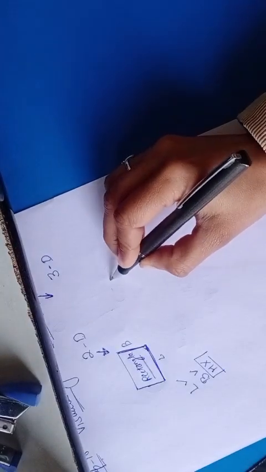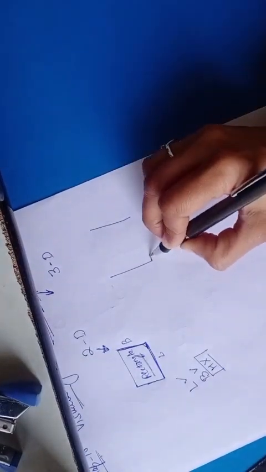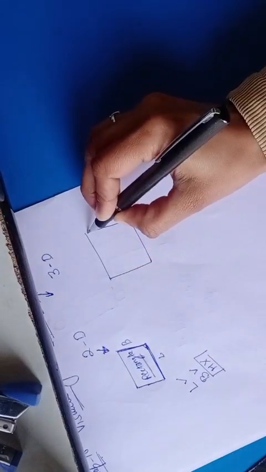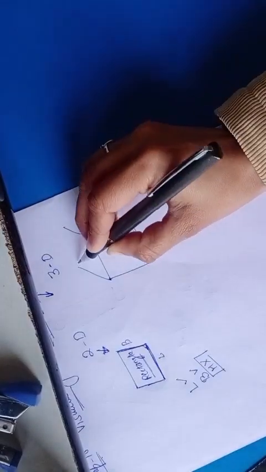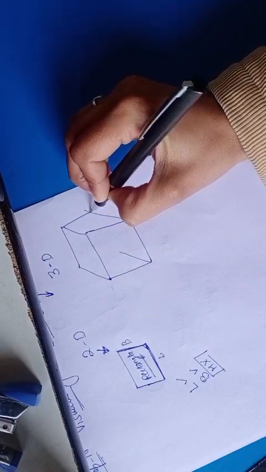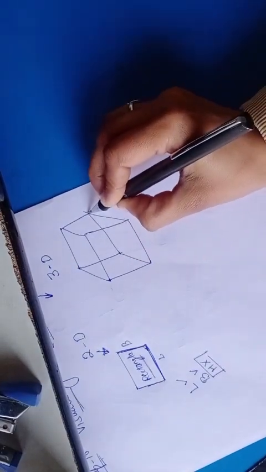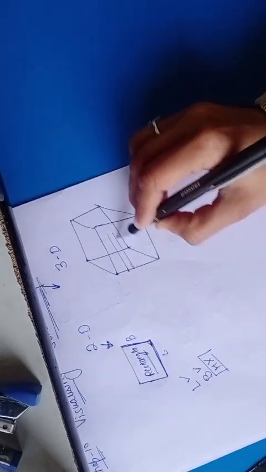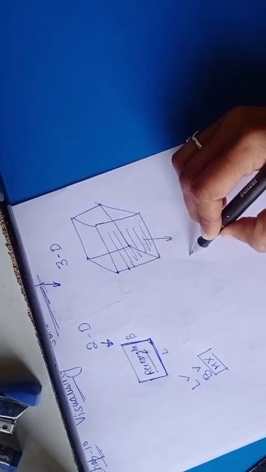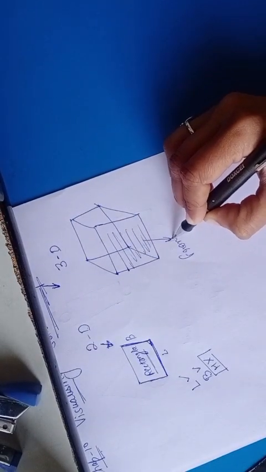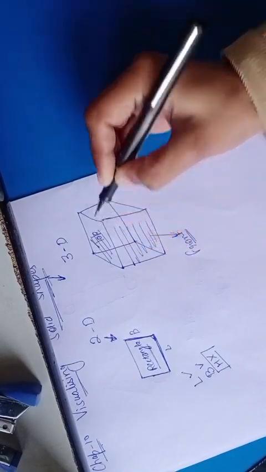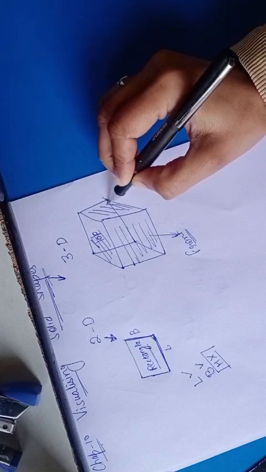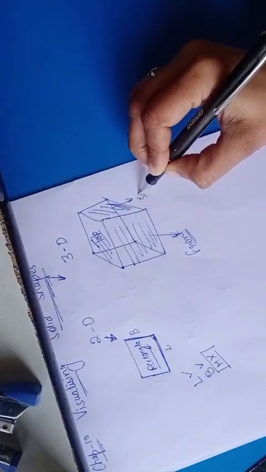In a 3D shape, we will discuss three sides of the figure: the front view, the side view and the top view. This is called the front view of the figure. This is called the top view of the figure, and this will be the side view of the figure.